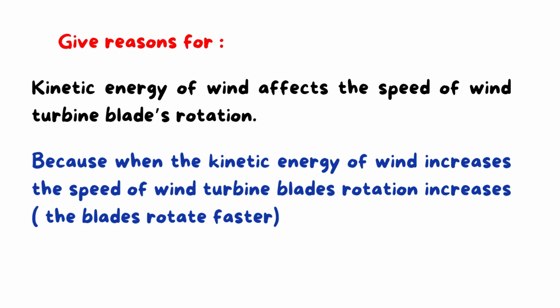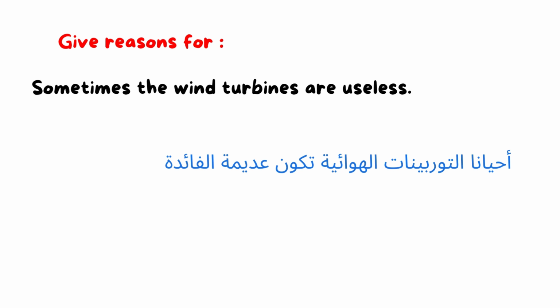Here we have another give reasons for: sometimes the wind turbines are useless. We said when studying this part that if there is no wind, the blades of the turbine cannot rotate, so the turbines can't generate electricity. Why? Because it depends on the wind movement.